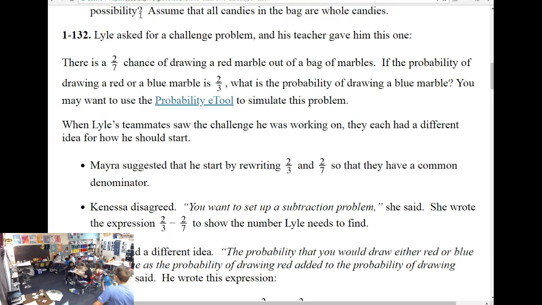Which is bigger, 2 thirds or 2 sevenths? 2 thirds, right? Think about it like out of a circle or something like that. 2 out of 3 versus 2 out of 7. Yeah, 2 thirds is more.